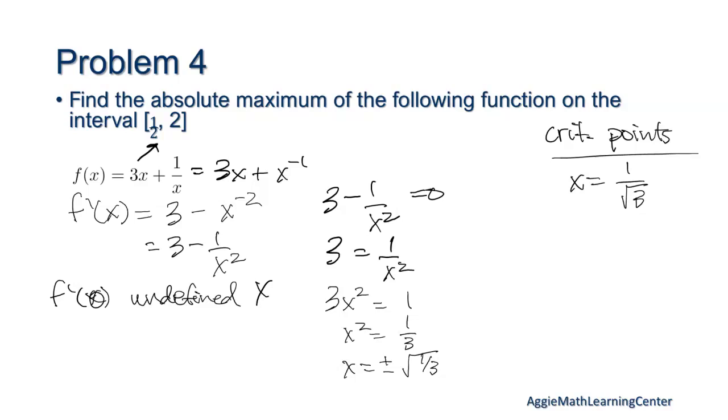I think there's a number wrong, but 1 divided by 3. Let's see. How do I erase here? 1 divided by root. Where's my pen?